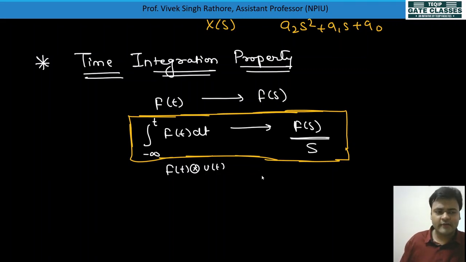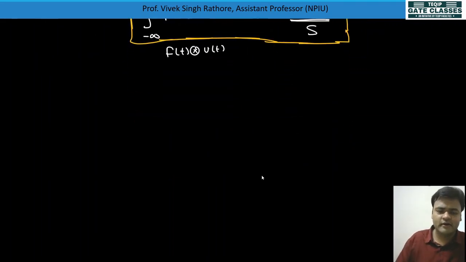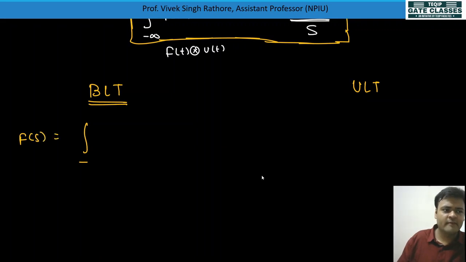Earlier, what we were taking was the bilateral Laplace transform, and there is one more variation of the Laplace transform, that is the unilateral Laplace transform. What it means: the bilateral Laplace transform is F of s equal to the integral from minus infinite to infinite of f of t e to the power minus st dt.